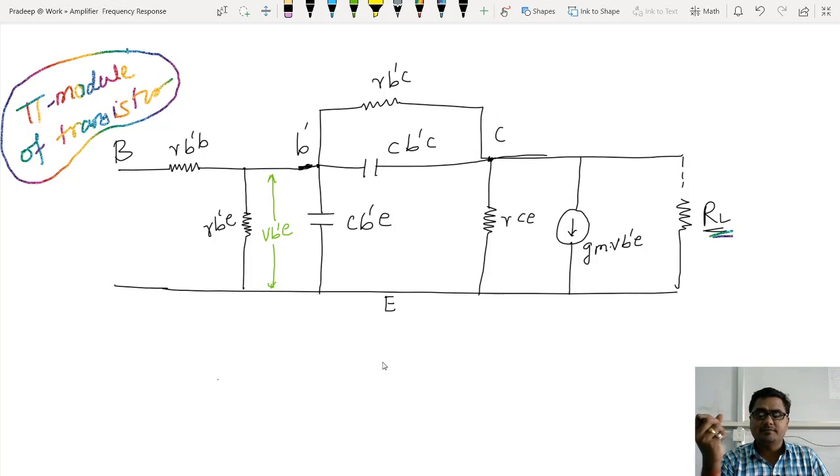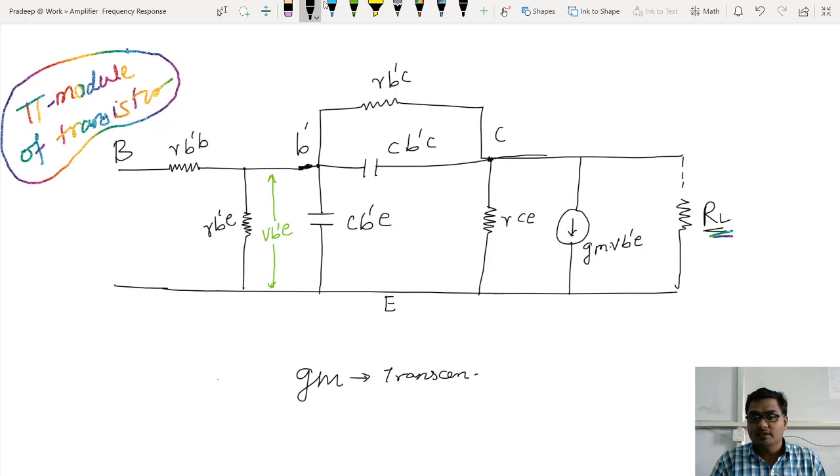We connected those resistors and components in a circuit, in a model, and the only extra thing that we have connected is gm. Look at this, gm is the only new thing. What is that gm? Basically it is a transconductance.